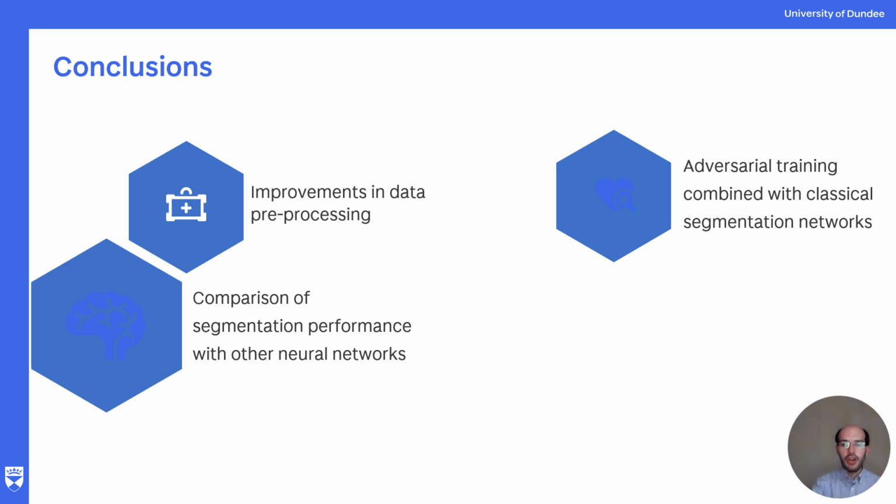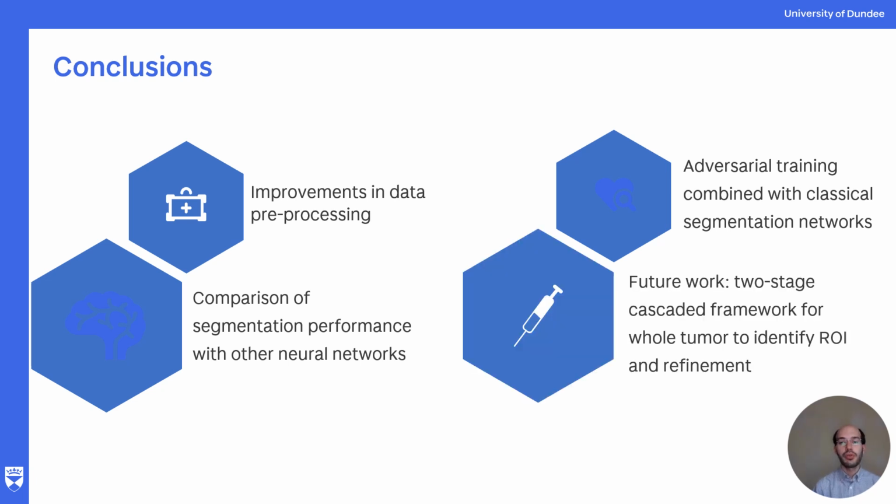In the future, we envision the fact that this architecture can be extended into a two-stage cascaded framework, where the first stage is a simple one to highlight the whole region of the tumor, and then the second stage can be improved as a refinement to identify the smaller tumor core and enhanced core region.